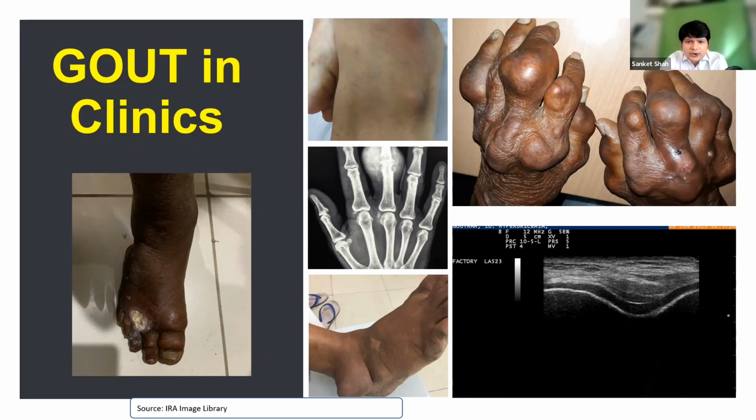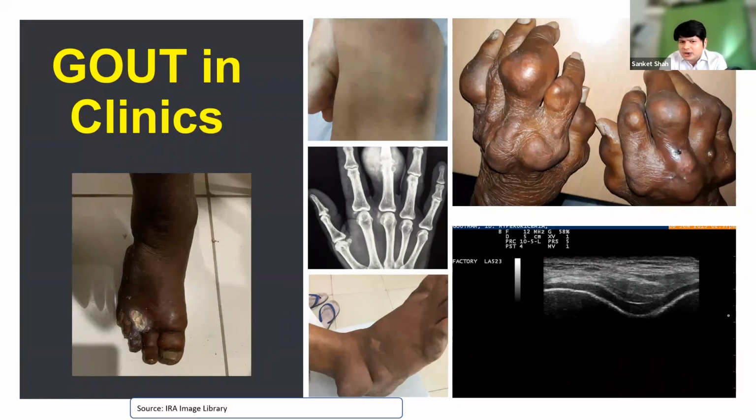Right. When do we initiate ULT immediately in gout, and when do we delay? Nothing. It is completely our choice. We start immediately. Okay. How to manage tophaceous gout in CKD? Is there a role of uricosuric in non-oliguric CKD? Wow. Right. Okay. See, the first thing is tophaceous gout and non-oliguric CKD.